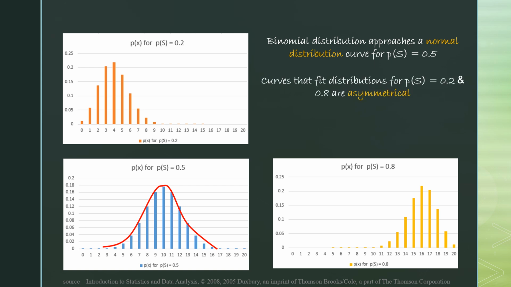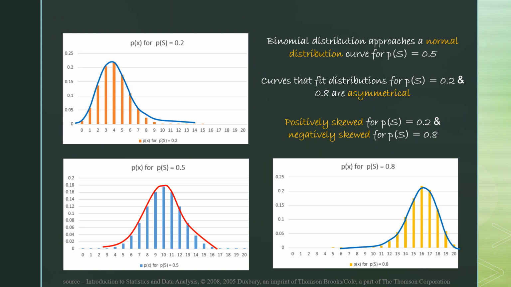While curves that fit distributions for probability of s equaling 0.2 or 0.8 are asymmetrical, it is positively skewed for probability of s equals 0.2 and negatively skewed for probability of s equaling 0.8.